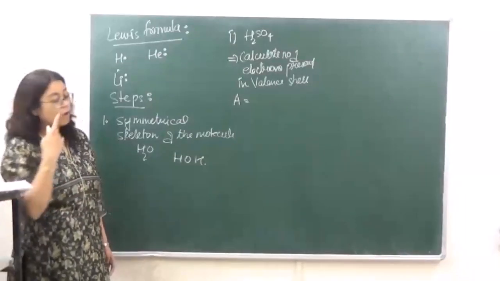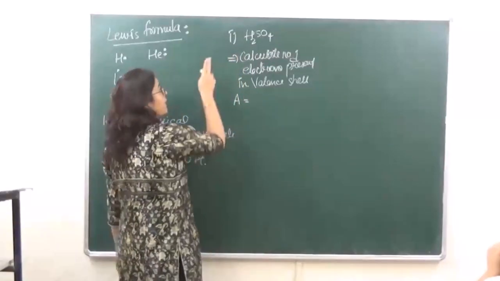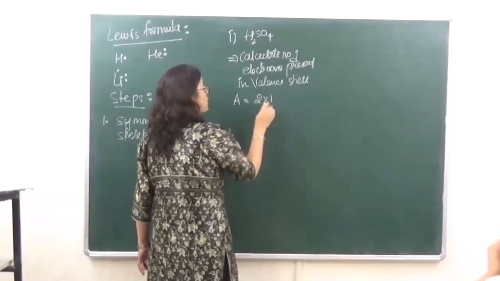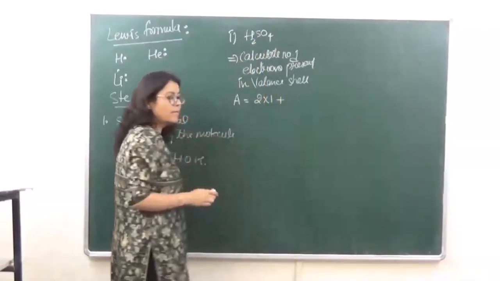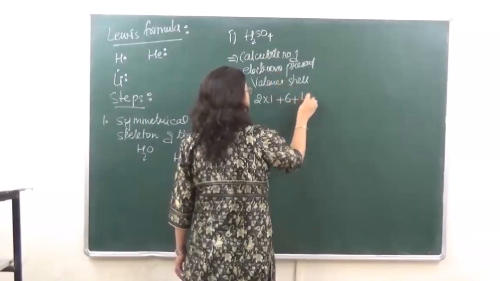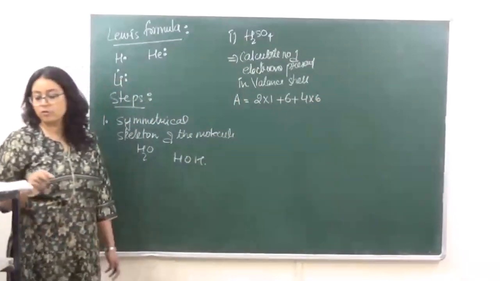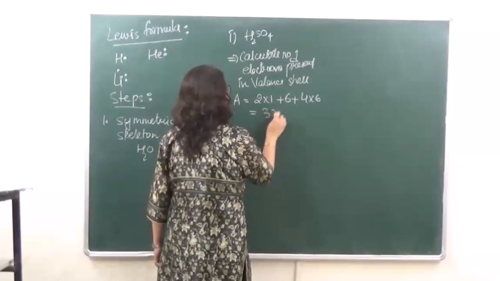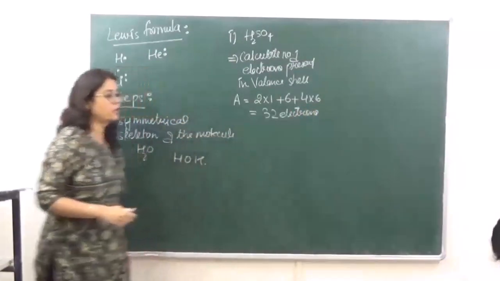Now, when we talk of valence electrons, in hydrogen there is only one valence electron, and how many atoms of hydrogen are there? 2 atoms. So we can write it as 2 into 1, plus, in sulfur, 6 valence electrons are present. So we have 6, plus in the case of oxygen there are also 6 electrons, and because there are 4 oxygens, 4 into 6. So the total comes to 32 valence electrons, right?